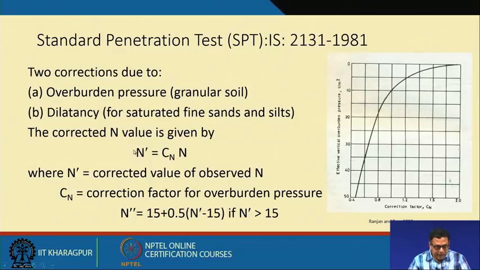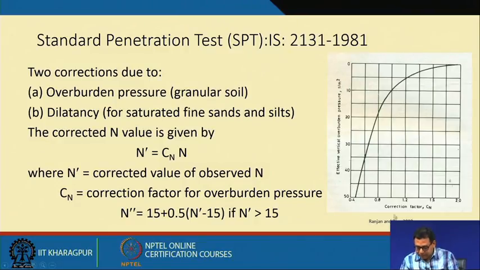So, you can see that the corrected N value for the overburden pressure correction, N dash, is Cn, which is the correction factor, into N, the measured N value. This Cn value we will get from this curve. This curve is the correction factor Cn, and this is the effective overburden pressure in ton per meter square.